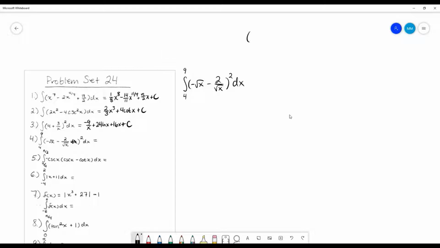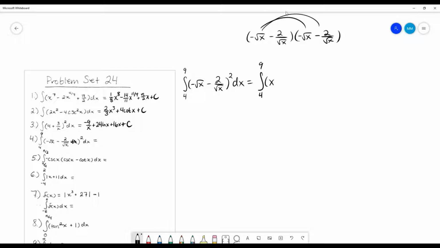Okay, and again, I'm going to have this, and it's squared, so set up all that. And then, of course, let me FOIL. That's obviously going to be positive, and it's going to be positive x, so it's just x.